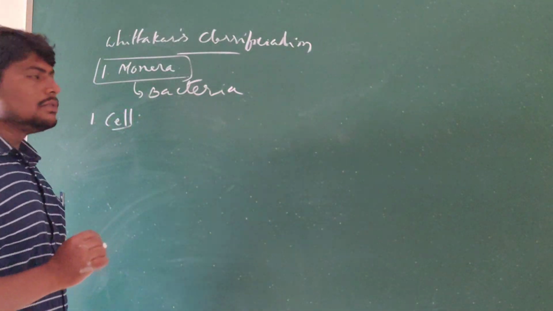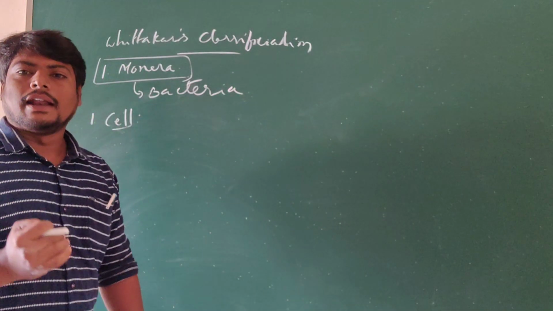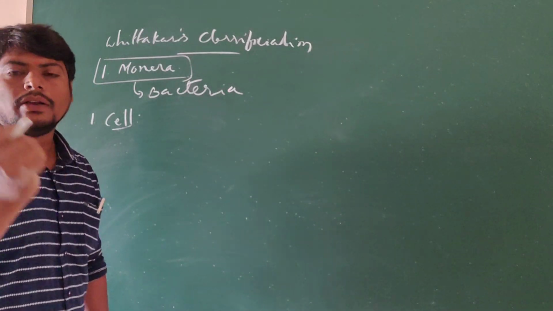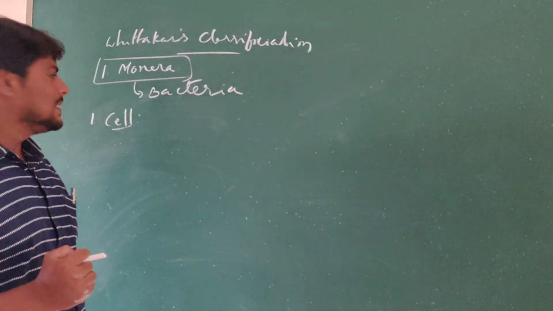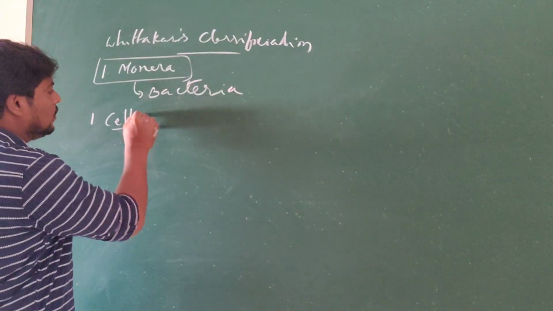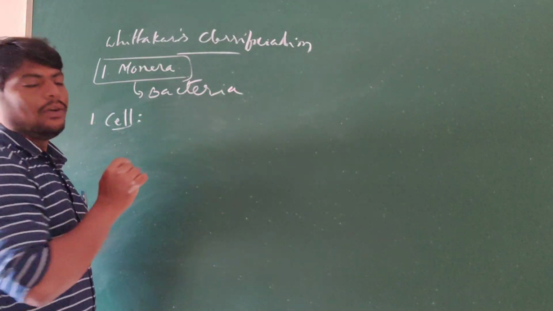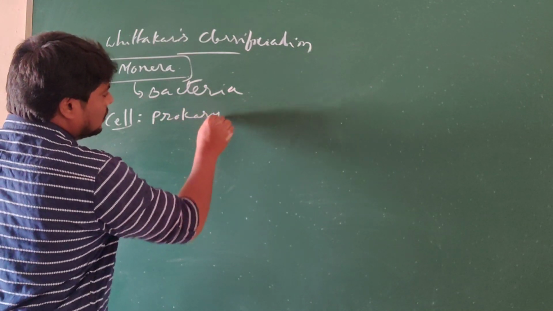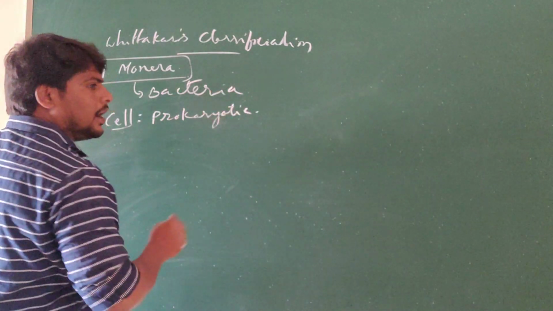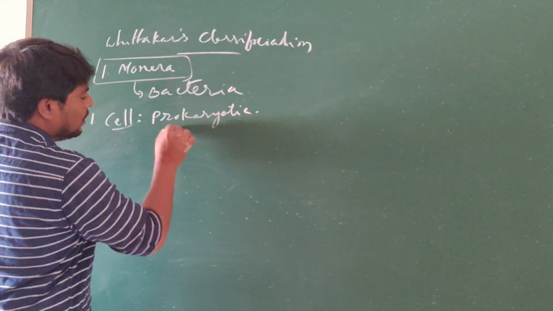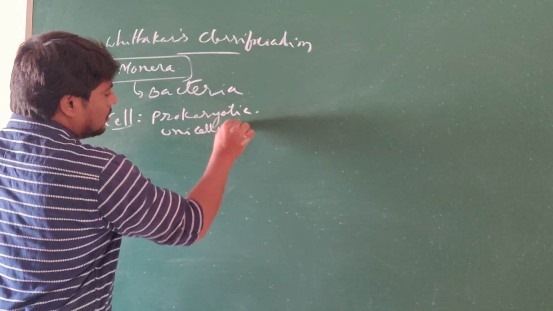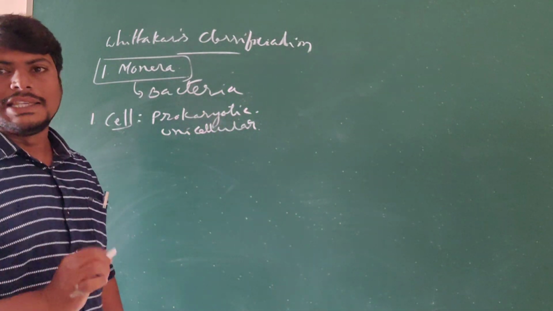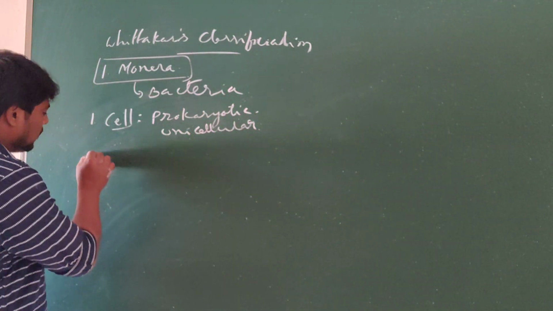Are they unicellular or multicellular, prokaryote or eukaryote? They have a prokaryotic cell, and it is single, so unicellular. Prokaryotic unicellular organisms. That is the cell type.